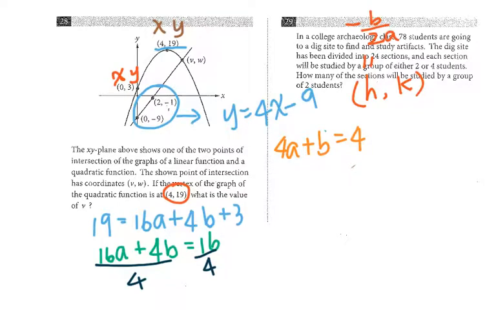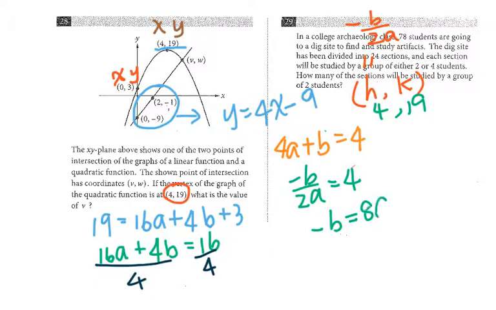So you use this information. Now h equals 4 and k equals 19. We know that negative b over 2a will be 4. Then multiply by 2a both sides, you get that negative b equals 8a. Divide by negative 1, b equals negative 8a.